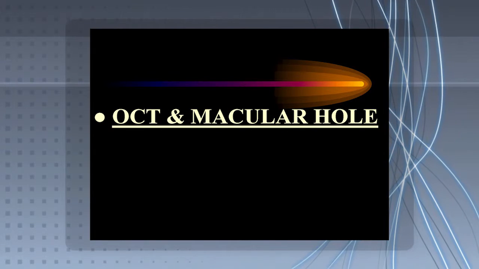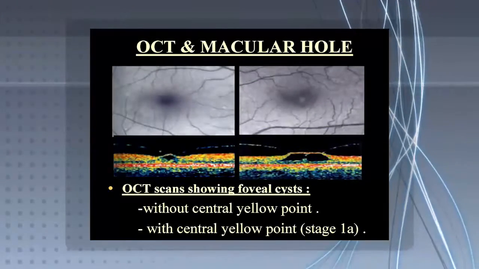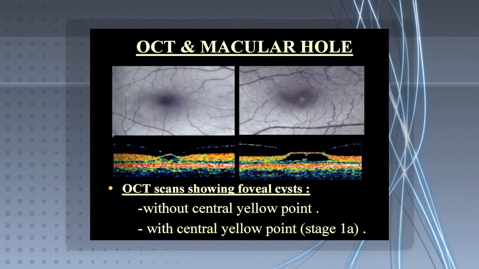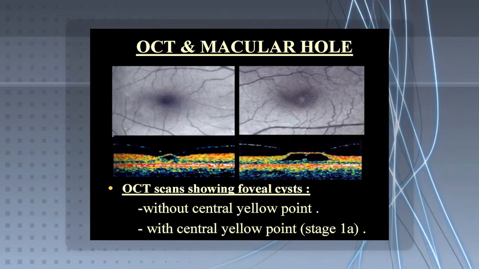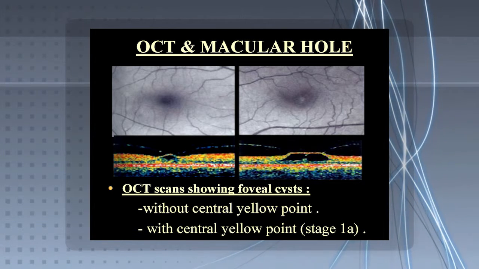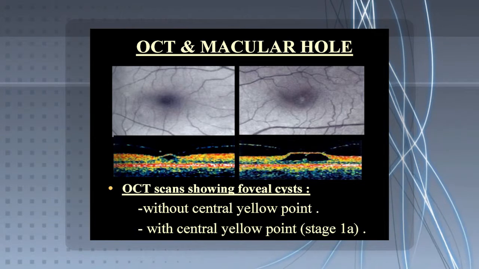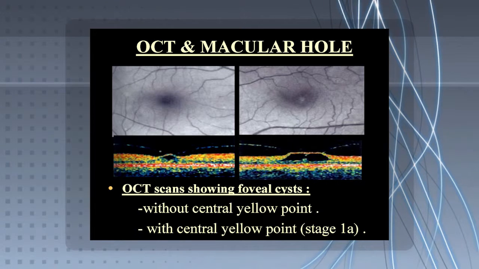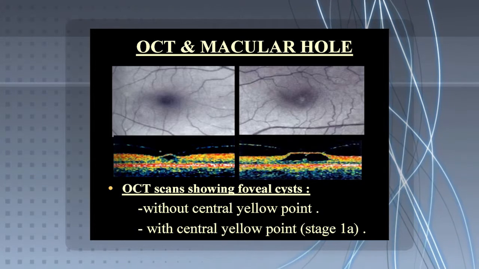We go to the macular hole. In fact, the OCT plays a very important role in diagnosing and clarifying the stages of the macular hole, as we will see now. In the first image, we can see the fovea without a central yellow point, but there is a small cyst in the fovea, as we see, and a partially detached posterior hyaloid.